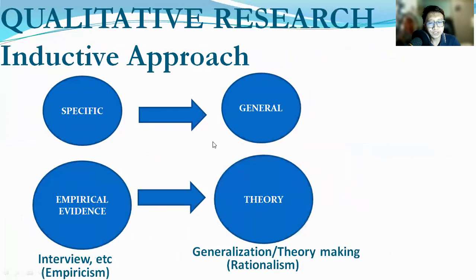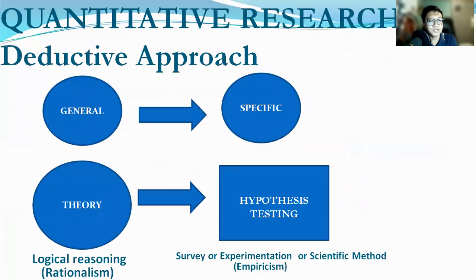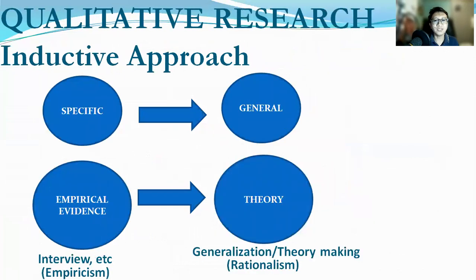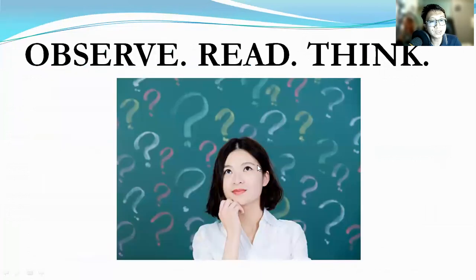We also discussed that quantitative research is a deductive approach, while qualitative research is an inductive approach. It goes from specific to general, or from empirical evidence to theory. We begin with an interview, for example; that's empiricism, finding evidence, and coming up with generalized ideas, themes, and perhaps theory making or deconstruction; that's rationalism.